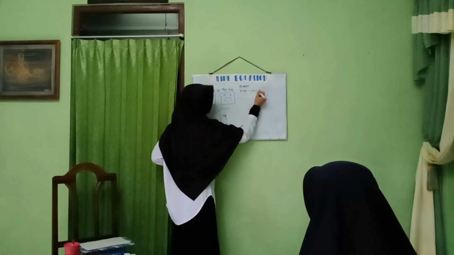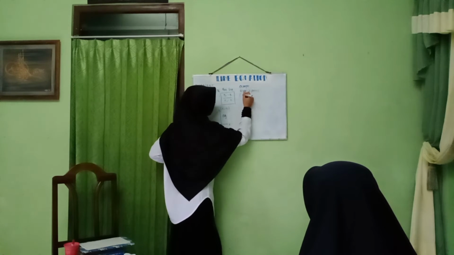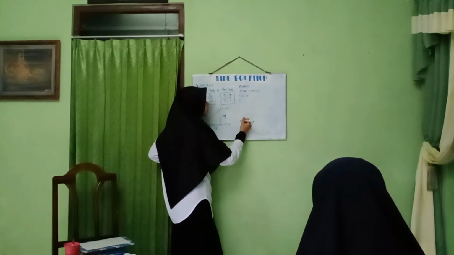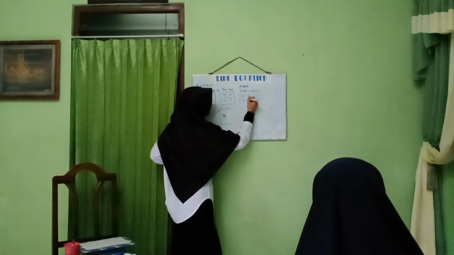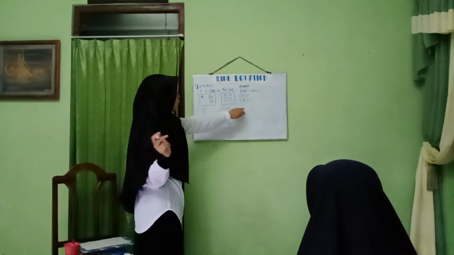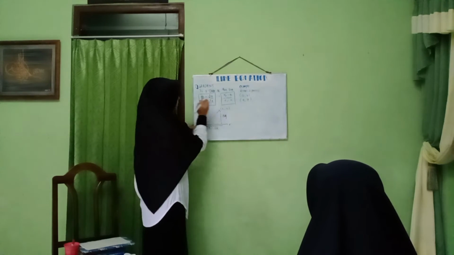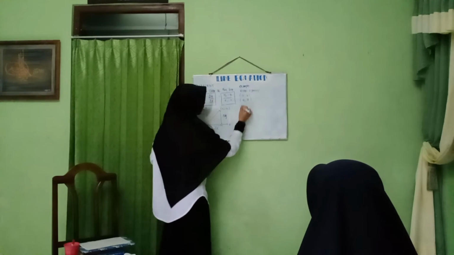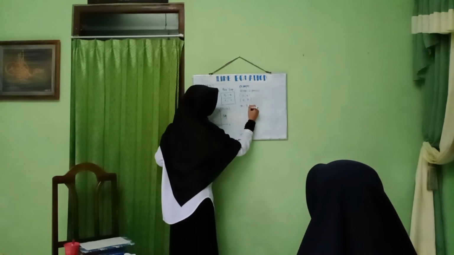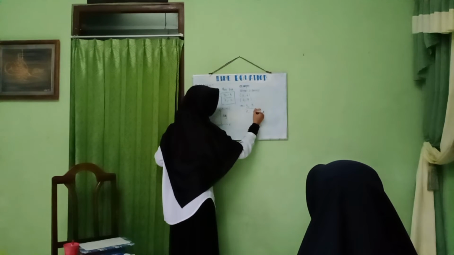the first point is 12,6 and the second point is 9,7, maybe. And we can find the gradient by using this. So the gradient is y2 minus y1 over x2 minus x1.